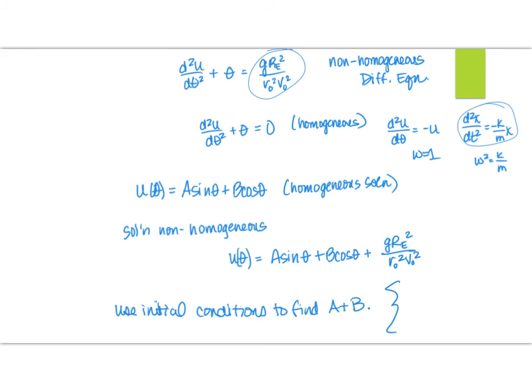Initial conditions are that when theta was equal to 0, r was equal to r naught, or u is equal to 1 over r naught. V sub r is 0, v sub theta is v naught. So we're not going to go through all that. You've had enough derivation for the day.